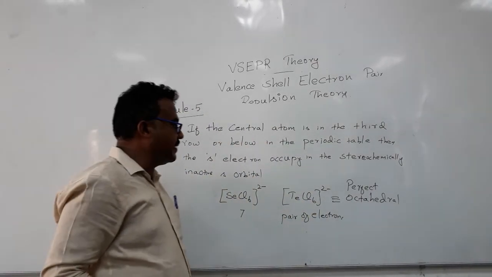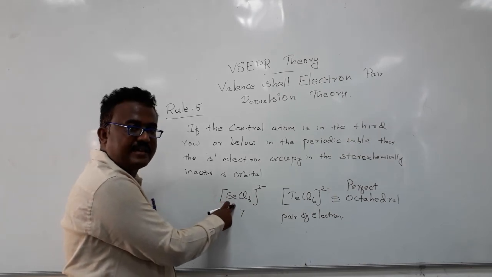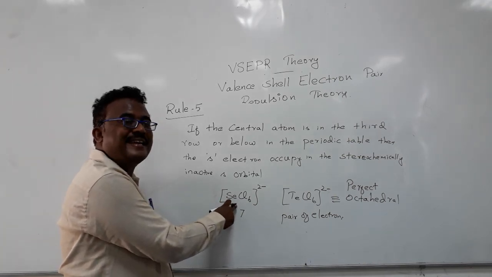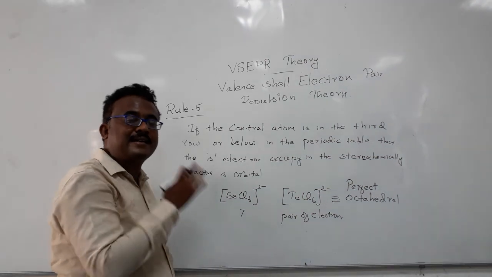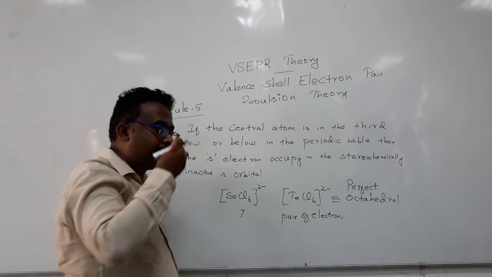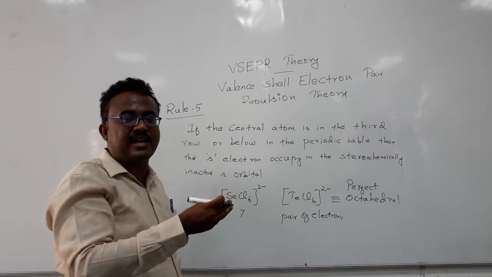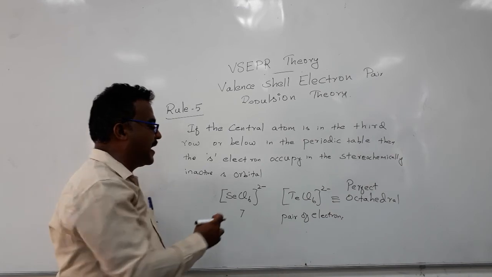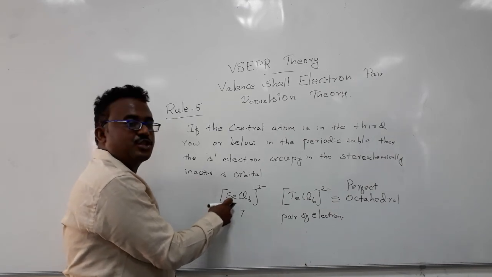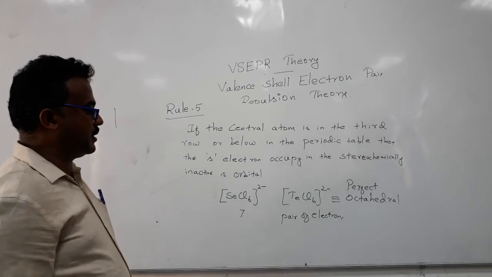So it is very clear that the electron pair present in the s orbital is stereochemically inactive. That means those electrons are not involved in bonding, and the bonding happens purely with p orbital electrons to make a bond angle of 90 degrees and achieve the octahedral shape.